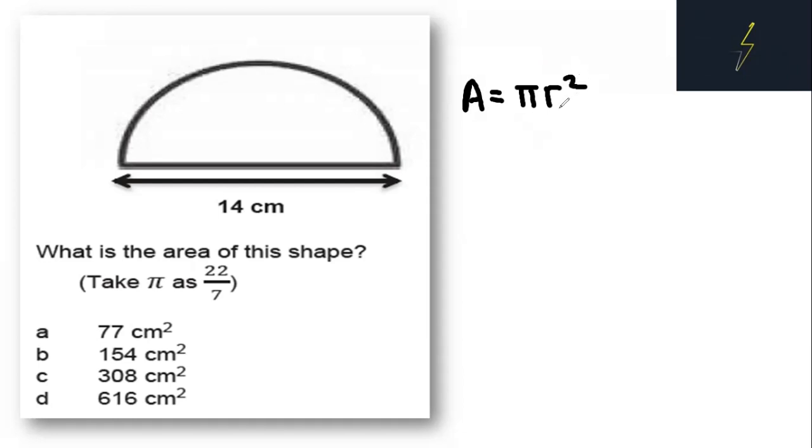But class, since this is a semicircle, whatever answer you get, you have to divide it by 2, not true? Or you can times it by a half. So it's a half times pi. You notice pi is given as a fraction, which is 22 over 7.